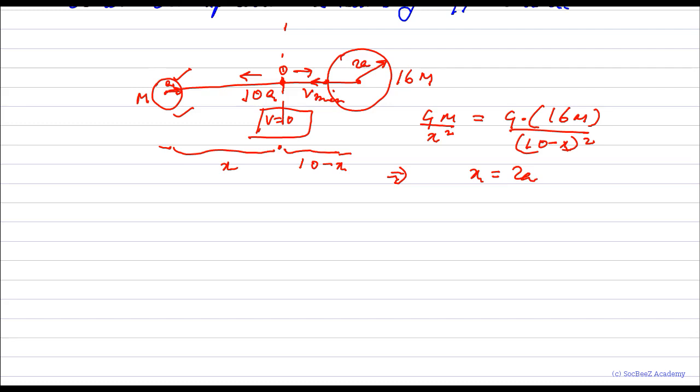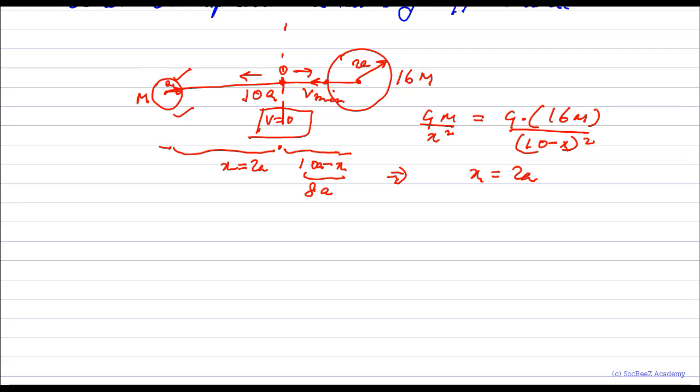Okay, fine. So this distance is 2a, and the total is 10a, so this distance is 8a. Now at this particular point, this particle of mass small m had some potential energy and kinetic energy.